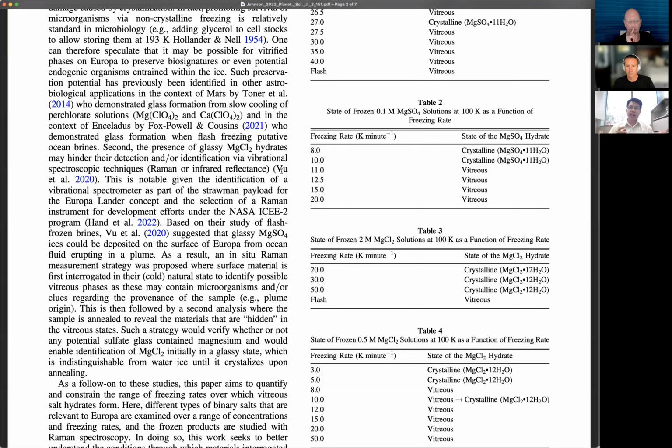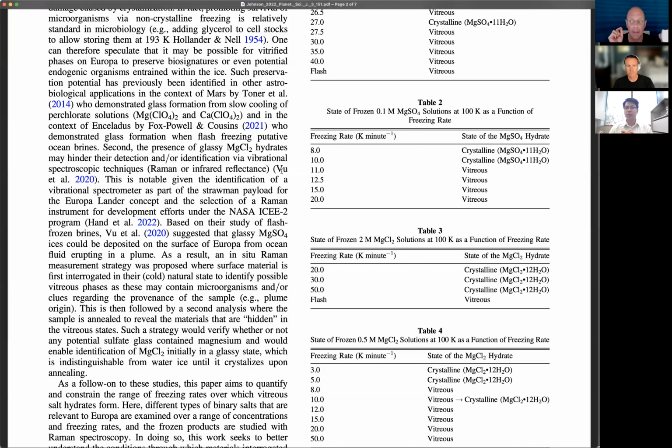Some modes are IR active and Raman inactive, and vice versa. For water, ice, and salts, Raman is good because those have very strong infrared absorbance, so you don't see much. With Raman, you can detect the vibration of the molecules within the ice matrix. That's why we use it.